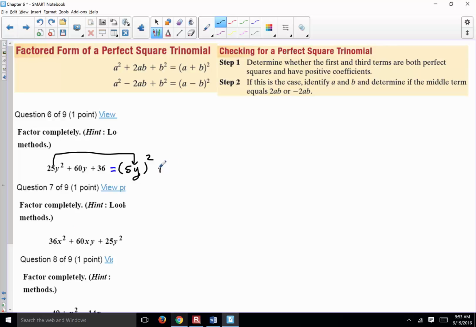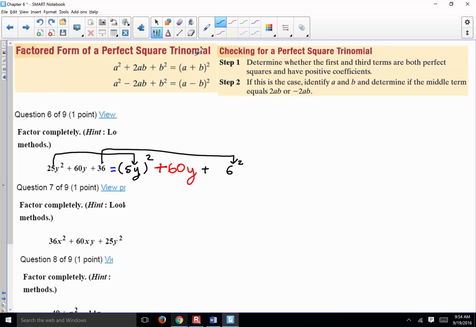The middle number, we don't touch the middle number. I will keep it in the middle, no change. The last number should be prepped. You need to change this into 6 squared. Perfect. This is your A, this is your B. A is 5y, B is 6.